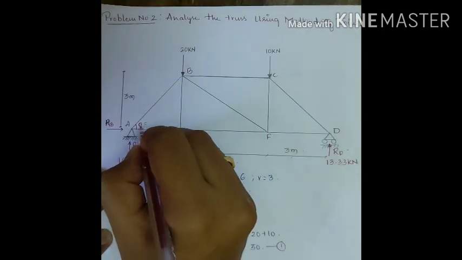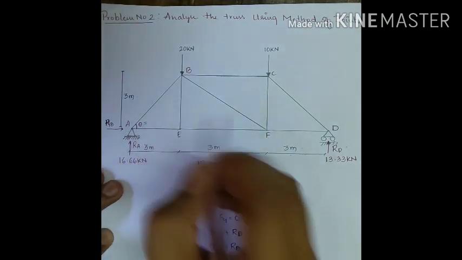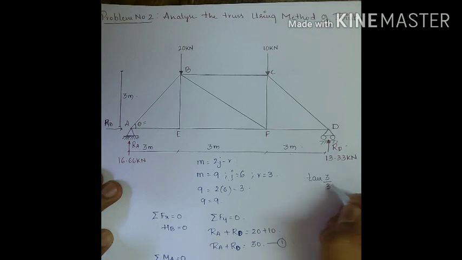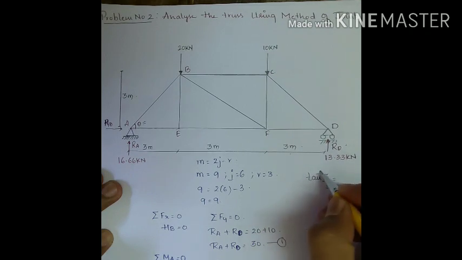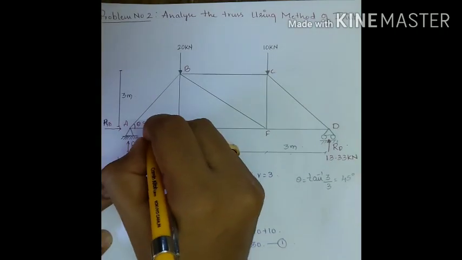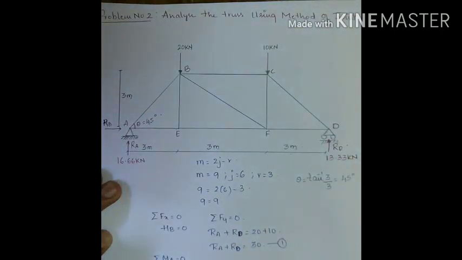Using tan theta is equal to opposite upon adjacent, tan theta is 3 by 3, so theta is the inverse, which is 45 degree.